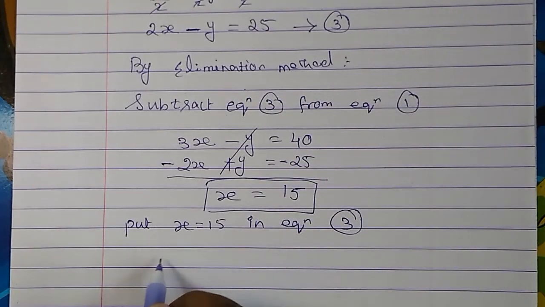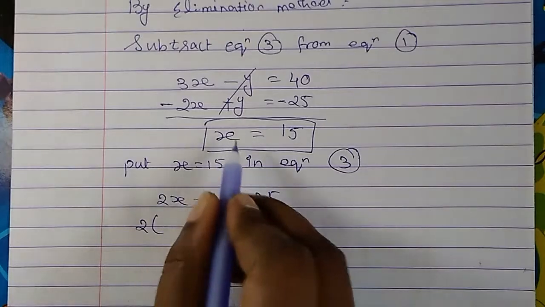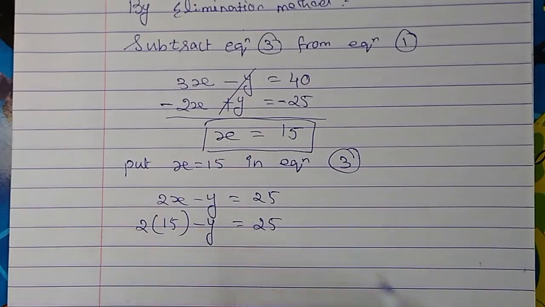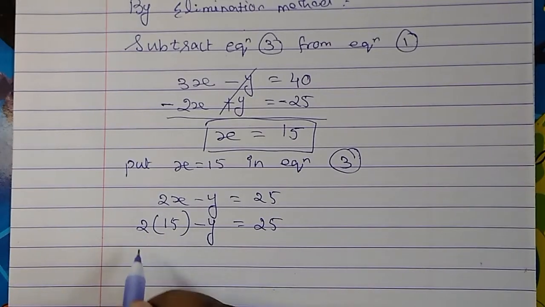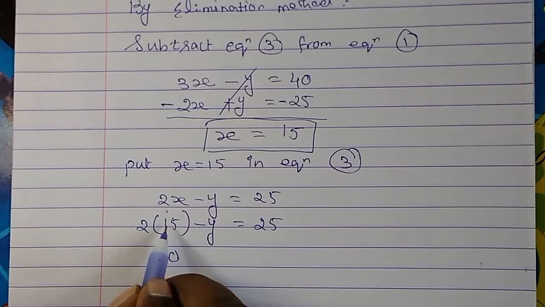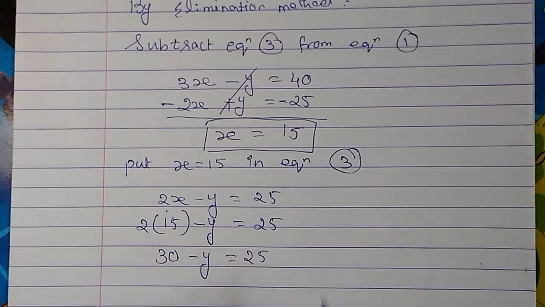So equation 3 is 2x minus y equal to 25. The 2x value we found out, 2 times 15 minus y equal to 25. So 2 times 15 is 30, 30 minus y equal to 25.